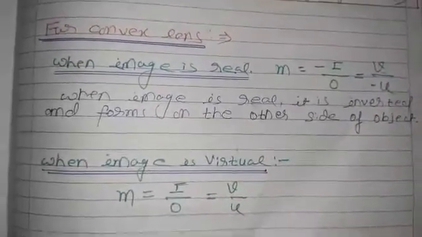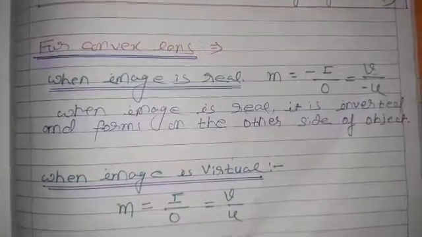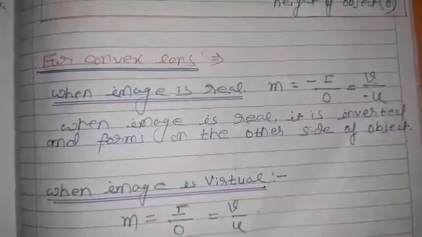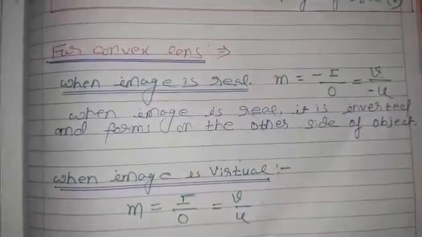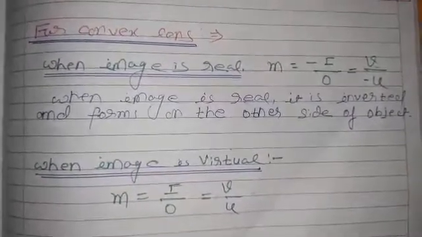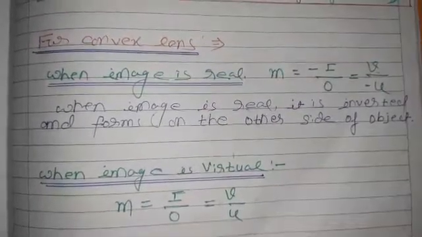In case of convex lens, when the image is real, linear magnification M equals minus I upon O. So M equals V upon minus U. When the image is real, it is inverted and forms on the other side of the lens.